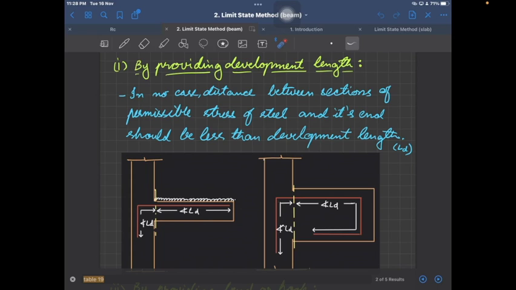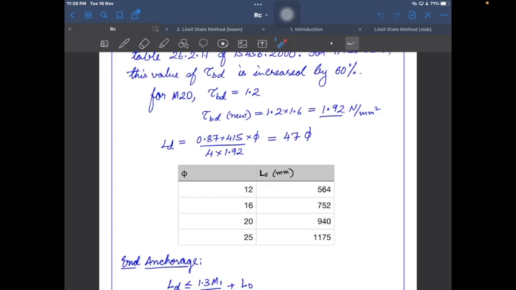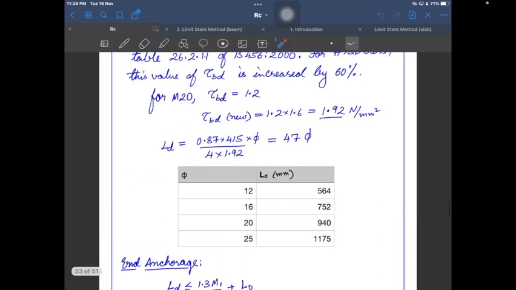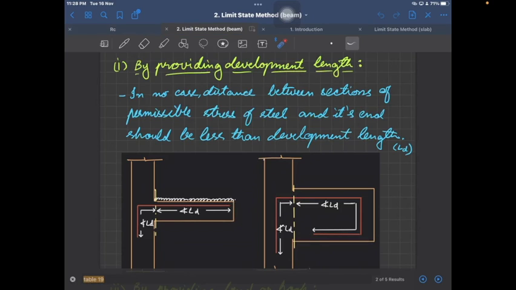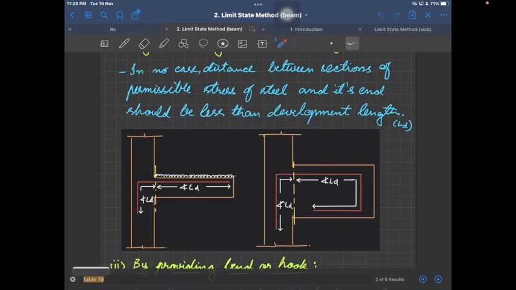Can you show that picture again? So they have folded it back, right? In the second picture, yes, if LD is extended directly it keeps increasing, so they fold it back.